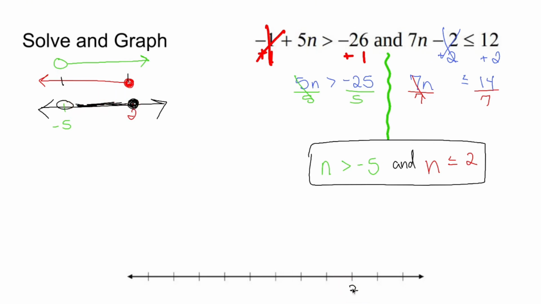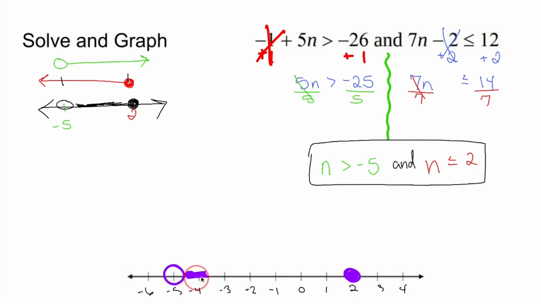Let me put 2 here, 3, 4. I think I made this work. 1, 0, -1, -2, -3, -4, -5, -6. Nailed it. I'm going to draw a line starting from -5 and not including it all the way to 2, and it's going to be everything in between.